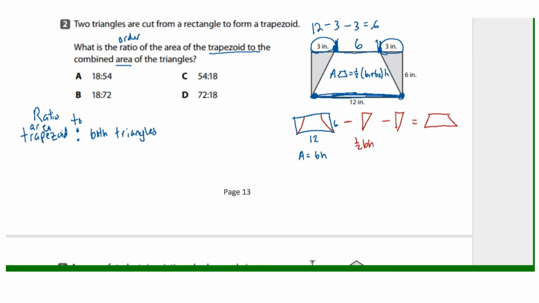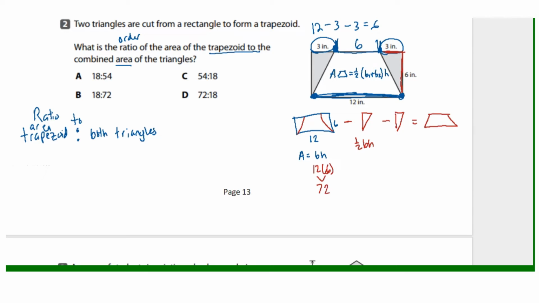And since these two triangles have the same exact base, 3, and the same exact height, 6, I'm just going to find the area for one, and then I know that's the area for the other one. So I'm going to first find the area of the whole thing. I'm going to substitute 12 and 6 into my formula, and 12 times 6 is 72. So the whole area is 72.